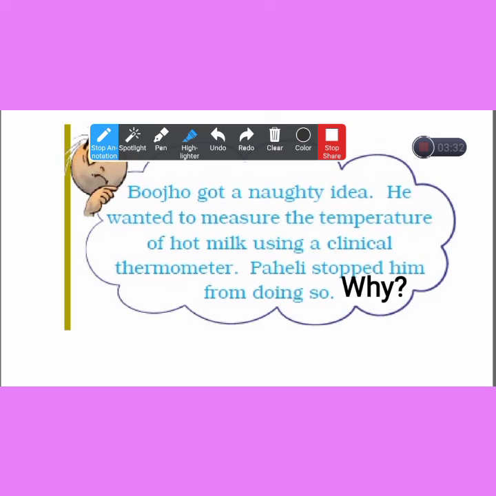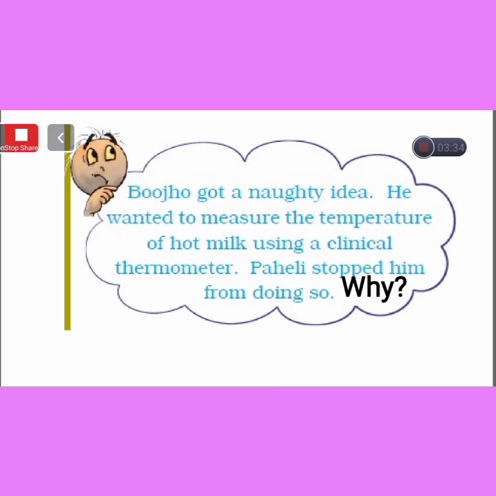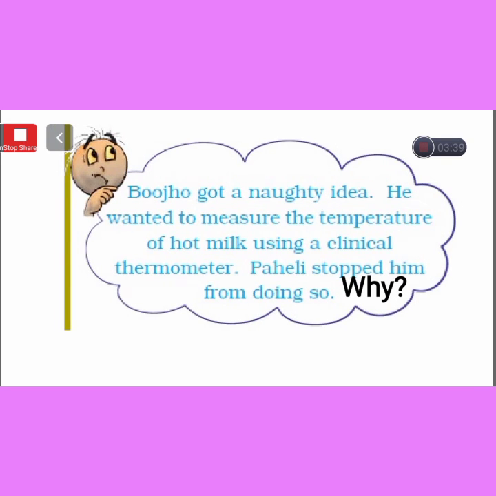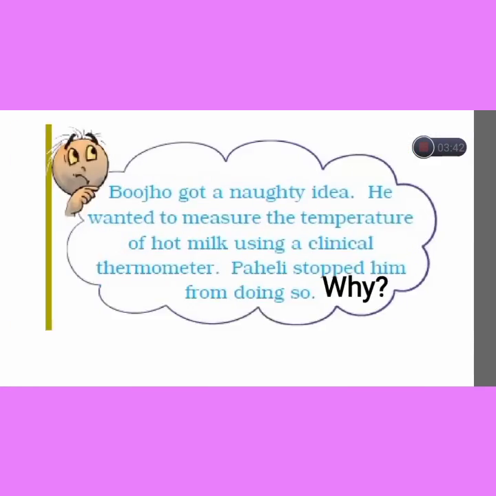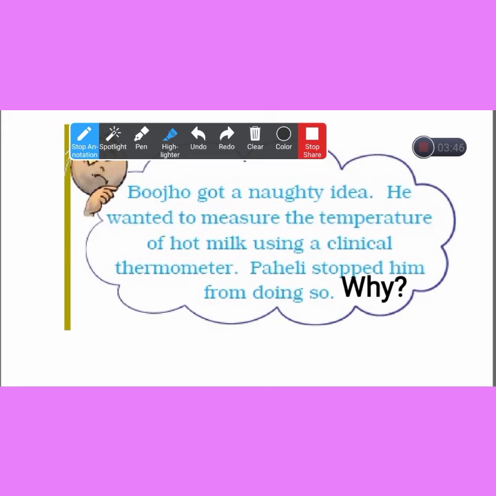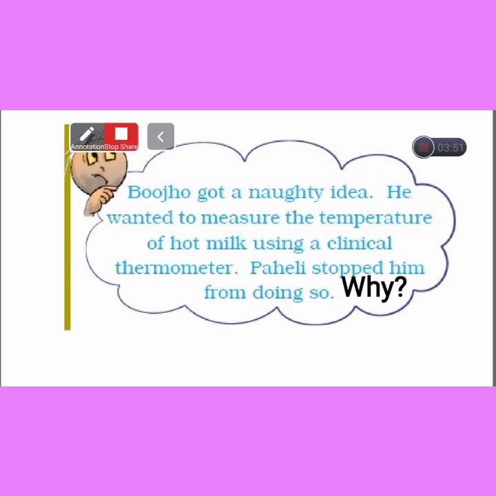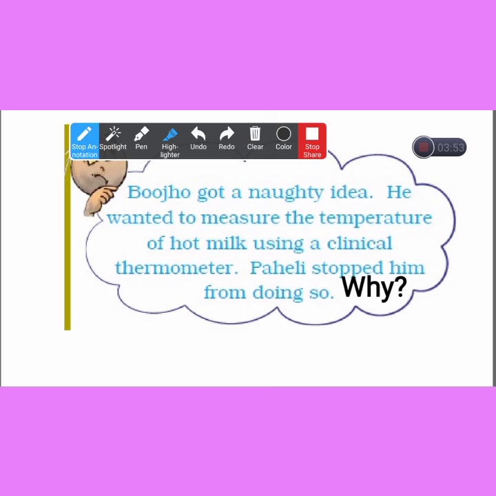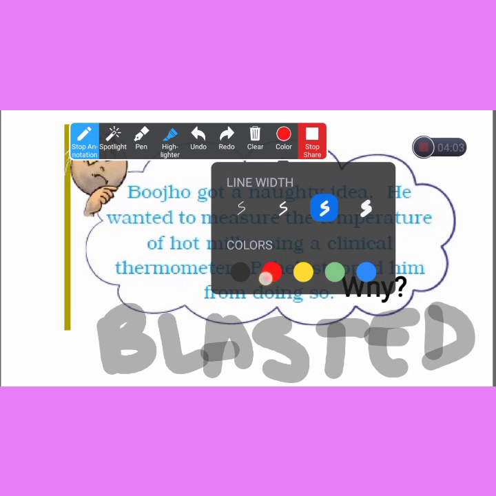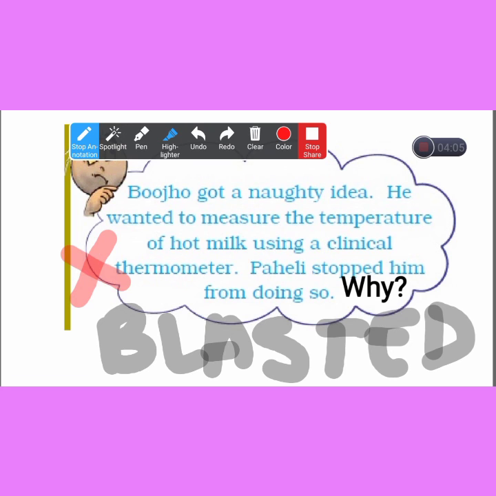Because the temperature of the hot milk can be more than 42 degrees Celsius, and if the mercury expands more than the clinical thermometer's range, then the thermometer can burst. So we should not be so naughty like Bujho.